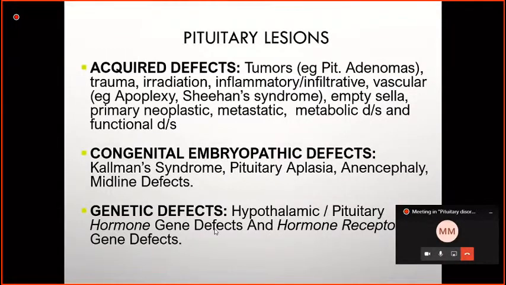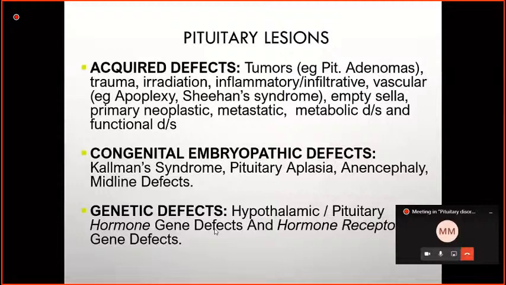So a baby born with small pituitary glands. Okay, and there are also genetic defects which might affect the hypothalamus as well. So there are various lesions in the pituitary which can cause either hyperpituitarism or hypopituitarism.